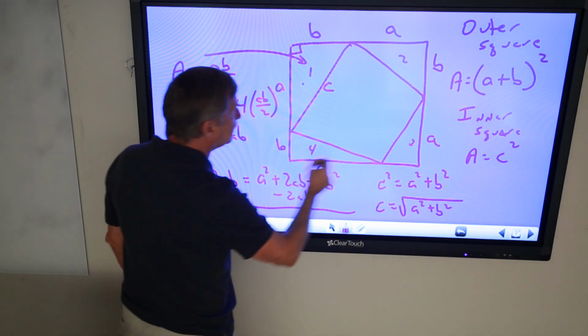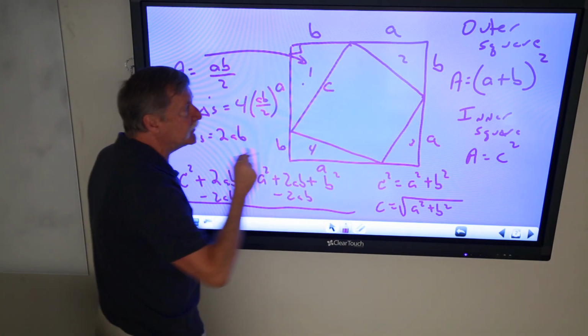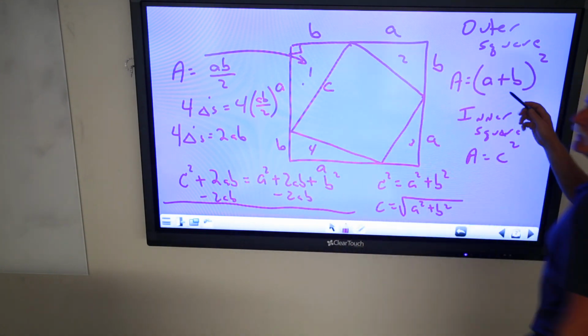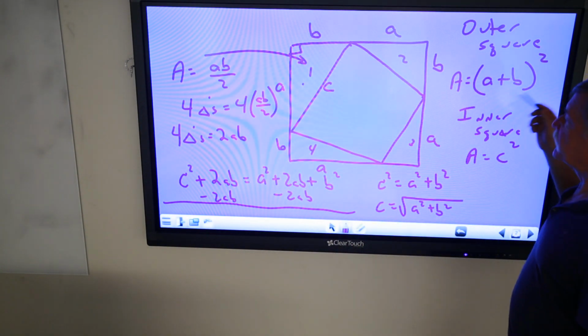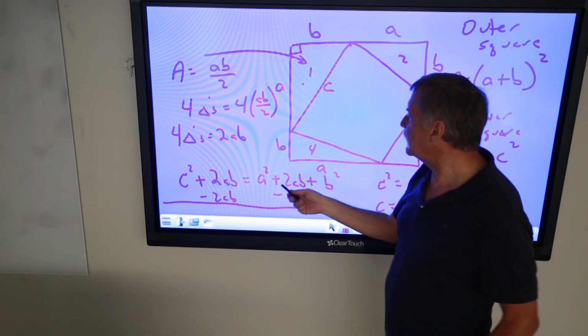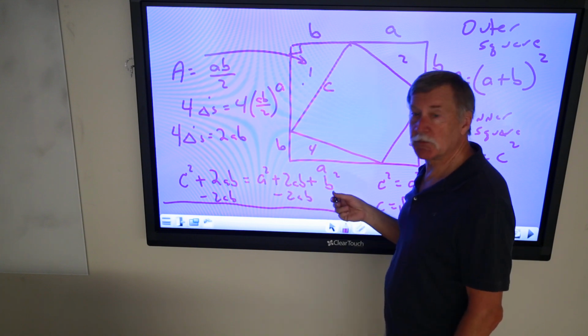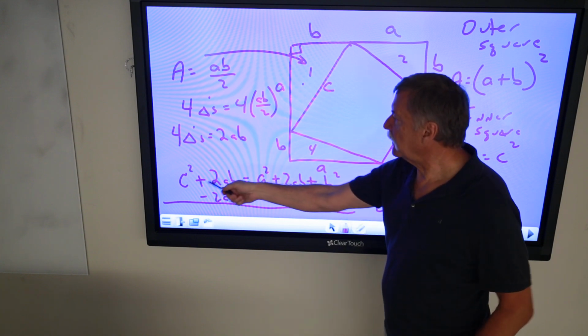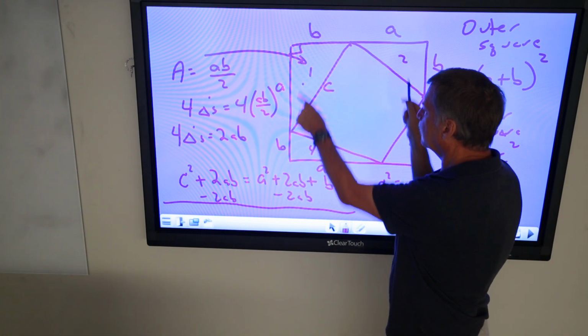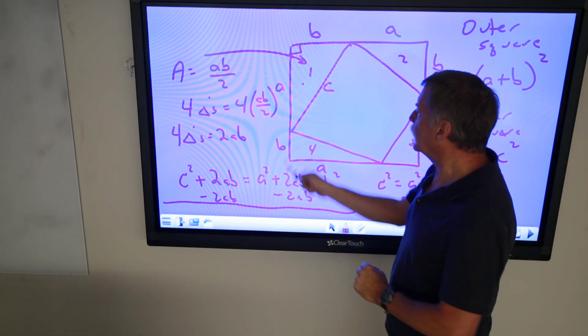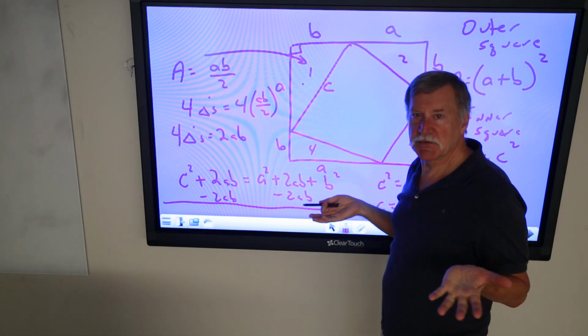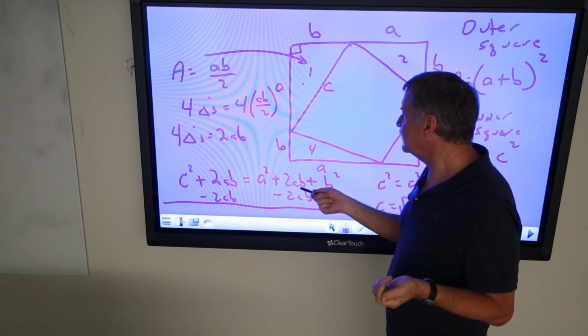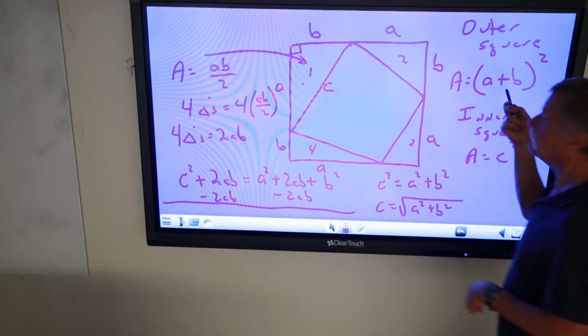And that's going to be the area of the whole thing. But we already know the area of the whole thing is (a plus b) squared. If we do the FOIL on that, we get a squared plus 2ab plus b squared. So this area, little square and 4 triangles, has to equal the area of the big square, a squared plus 2ab plus b squared, which we got from FOIL.